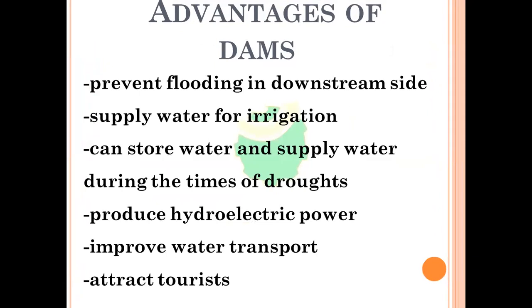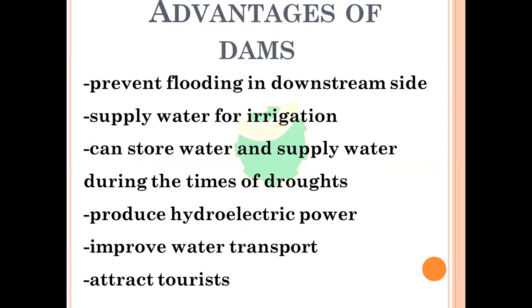Okay, next, what are the advantages of dams? The main advantage of dams is preventing flooding at downstream sites. Mainly dams are constructed to prevent floods. Otherwise the floods will submerge villages, like recently in Bhadradri and Medaram.